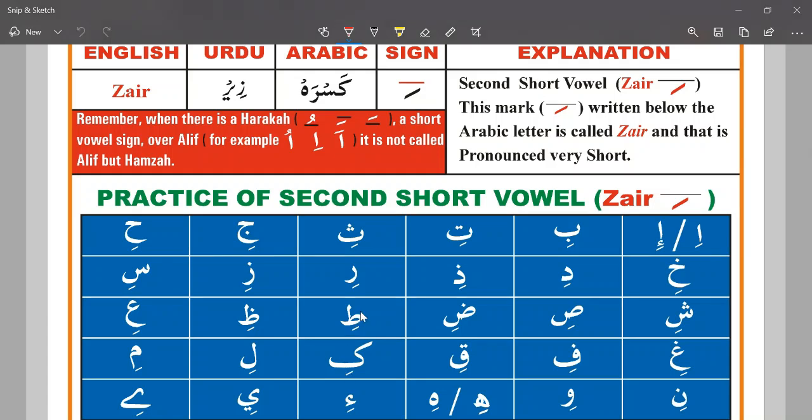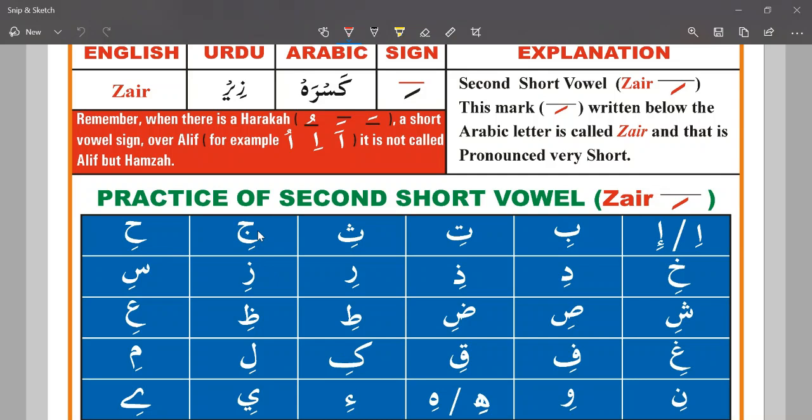Now we move on. One thing we remember from the first lessons: if Alif is empty, then you pronounce it as Alif.